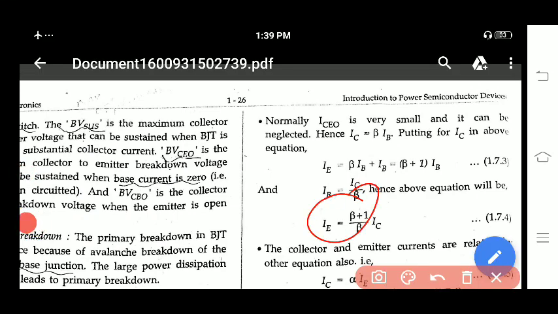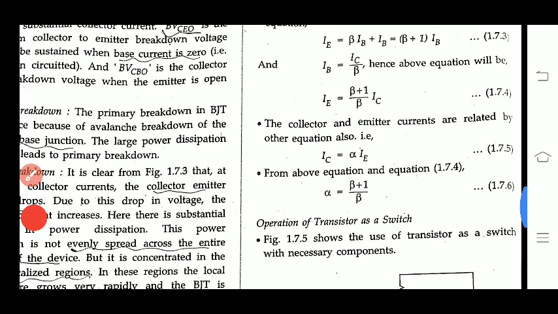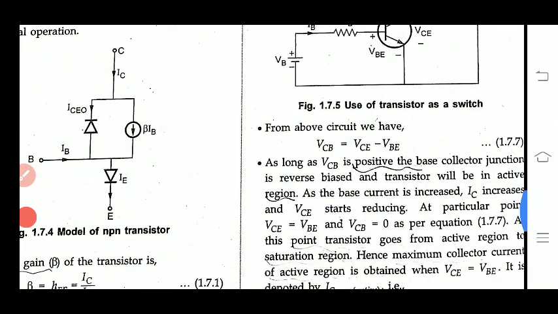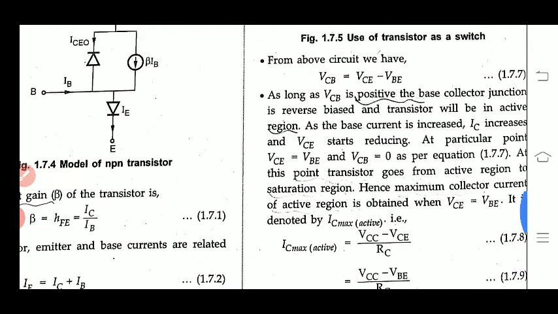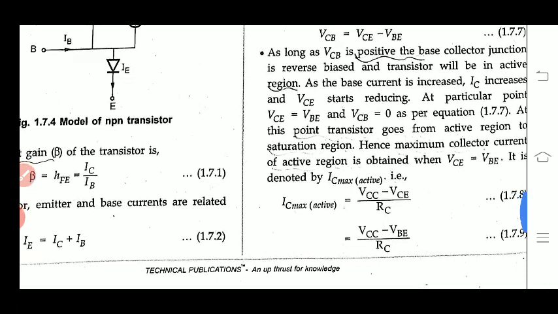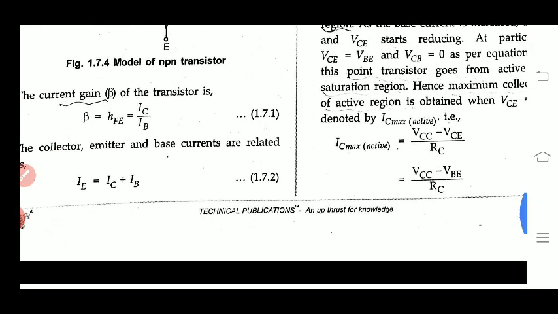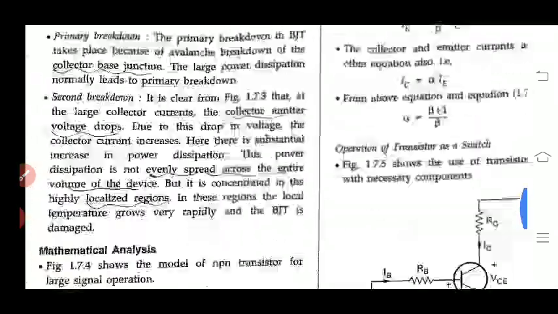Next IC equal to alpha into IE. Alpha equal to beta divided by 1 plus beta. Next VBE, and VCB equal to VCE minus VBE. You will get IC max active equal to VCC minus VCE divided by RC. You will get IC max in the active region.